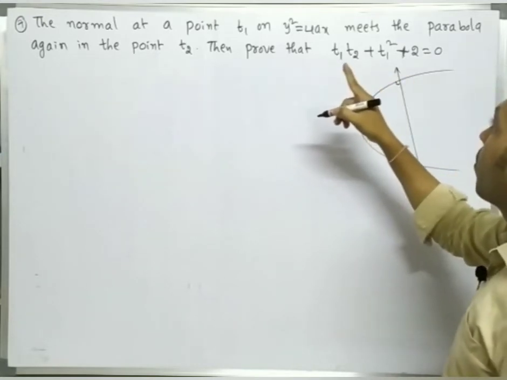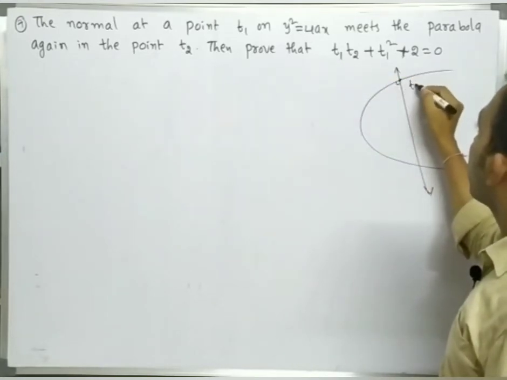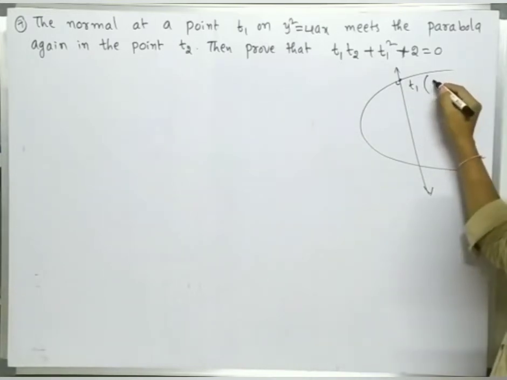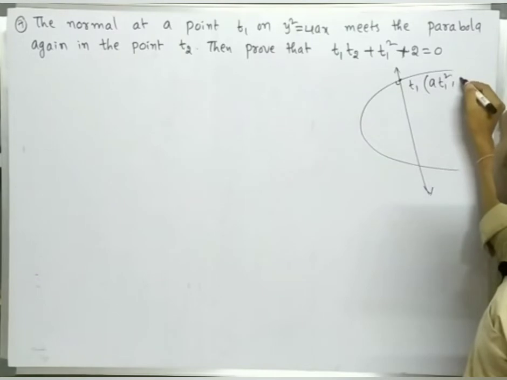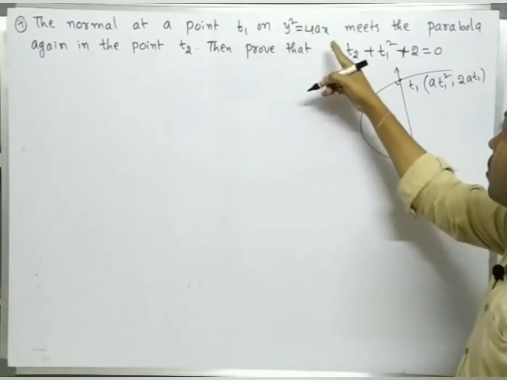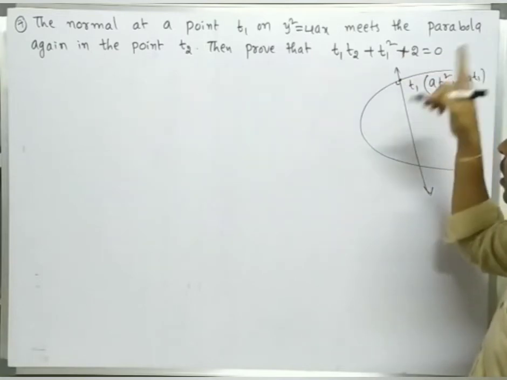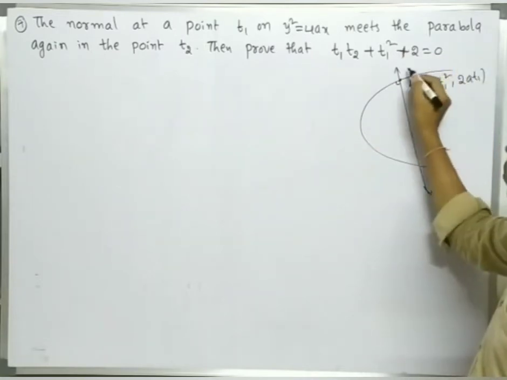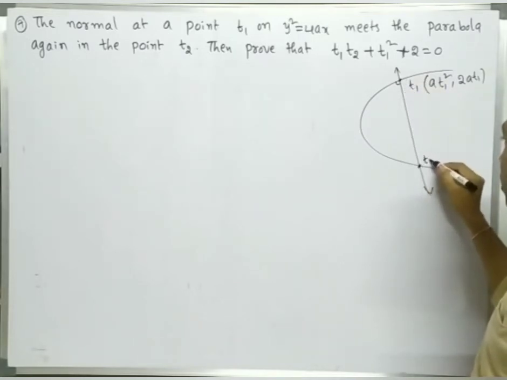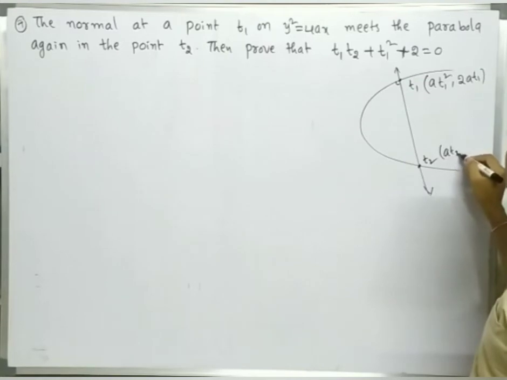The normal at a point t1, in parametric form we can indicate as a t1 square comma 2a t1. Next, it meets the parabola again at the point t2. So this is the parabola, this is the normal at a t1, and again it meets at another point, that is t2, a t2 square comma 2a t2.